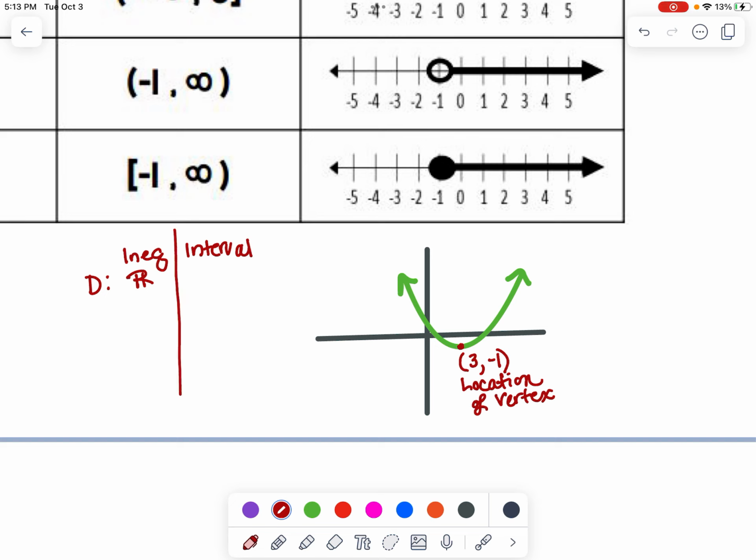So that is going left and right forever. I like to label my infinities kind of like the way the grass grows or something. So we're going up the y-axis, so that would be a positive infinity. Because it's positive, you don't have to put the little plus sign, but if that helps, great.